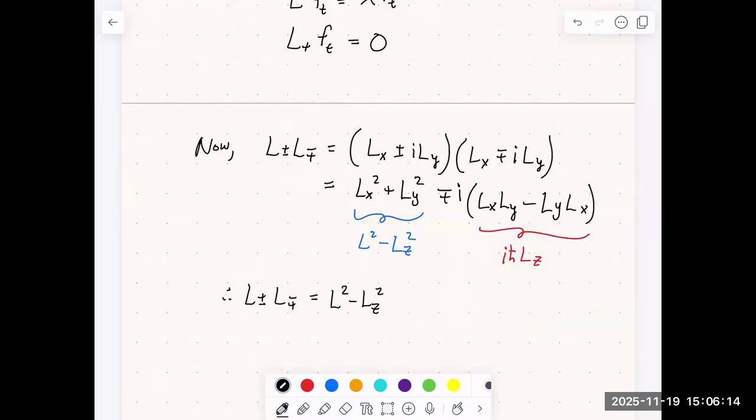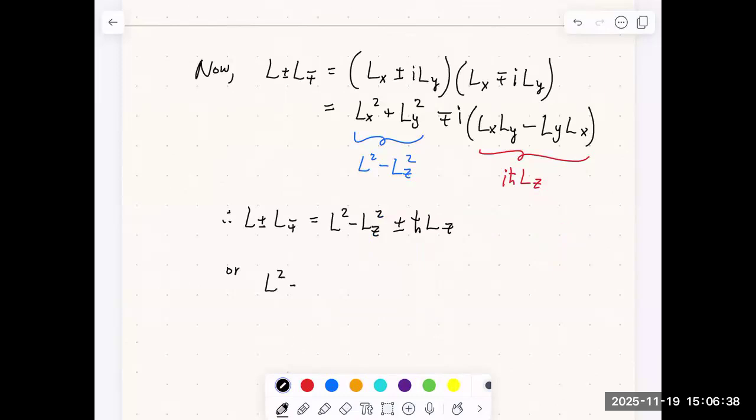And then i times i is minus 1, so our minus 1 is going to turn this back into a plus minus. So it's going to be plus minus h bar Lz.